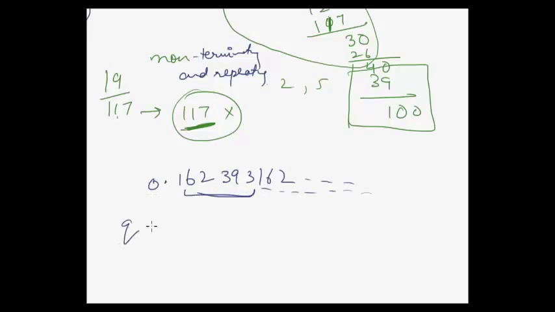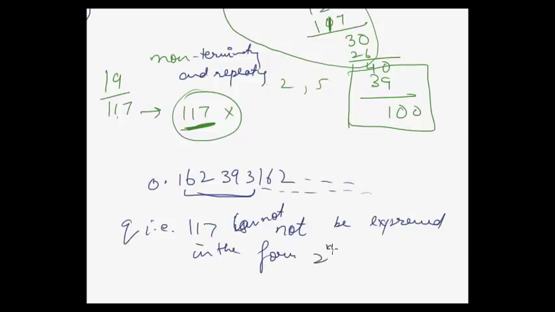Because q, that is 117, cannot be expressed in the form 2 raised to power n into 5 raised to power m, where n and m are non-negative integers.